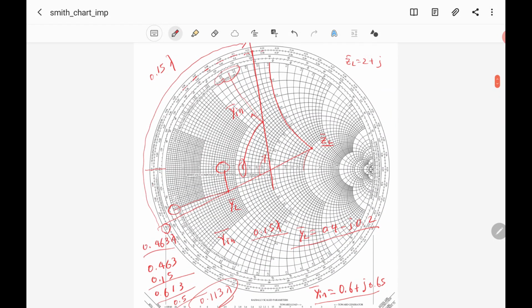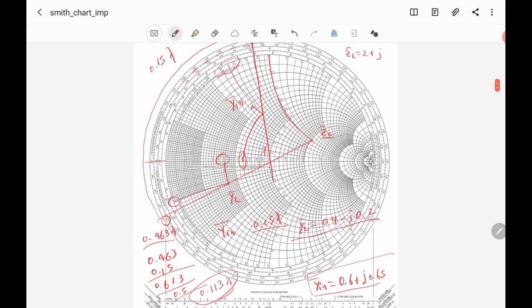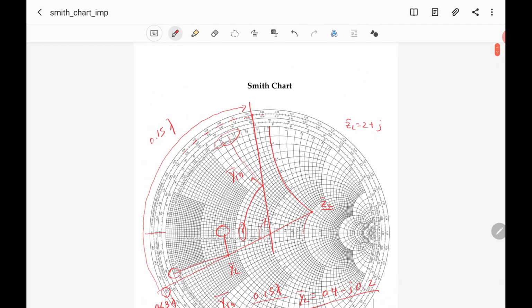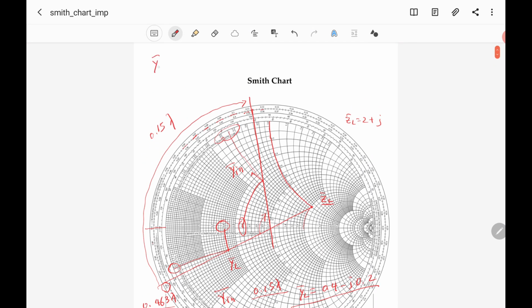So from this, we can convert that to admittance: normalized admittance times Y0. Here the characteristic admittance is the inverse of the characteristic impedance, right?